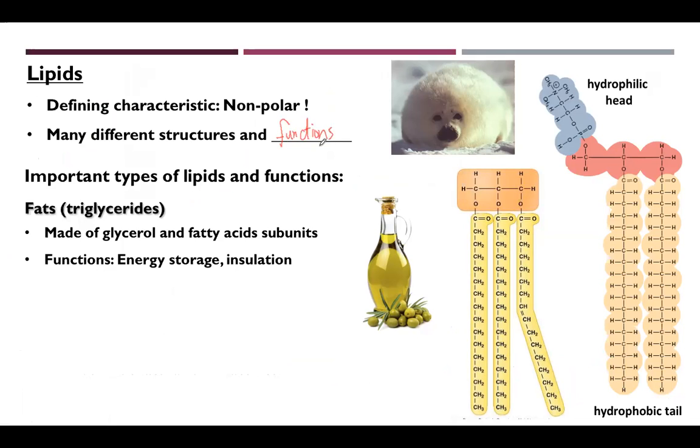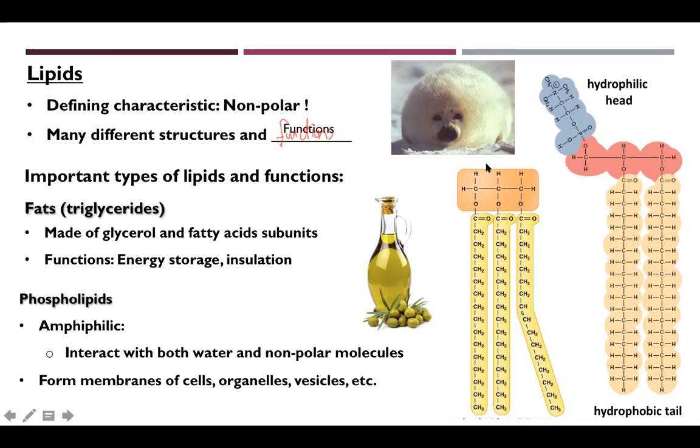Some of these functions might be keeping the body warm, as you see with this little chubby seal. So, insulation. They store energy. They can also be used for cell membranes of organelles. Some are steroids or hormones.